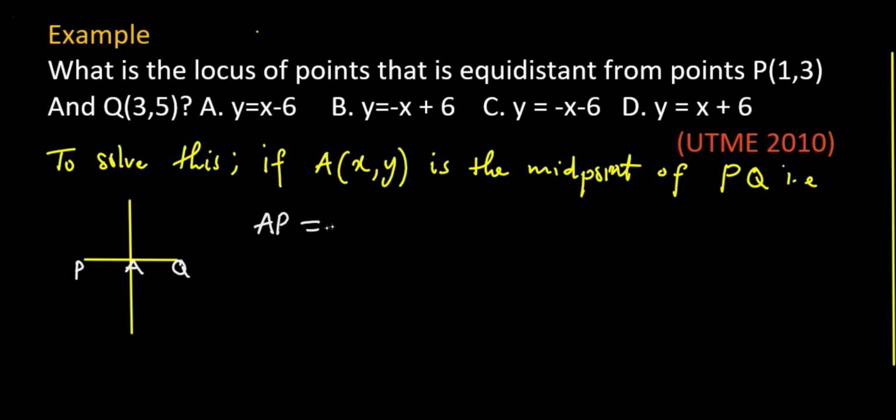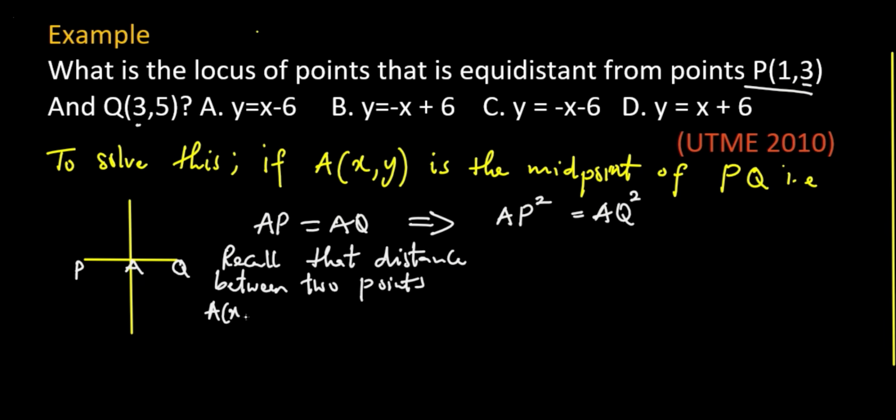The AP is equal to the AQ. That is, they are equal, and the square of the AP is also equal to the square of the AQ. Okay, so when they are equal, when you square them, it is the same thing. So we have to recall the formula.